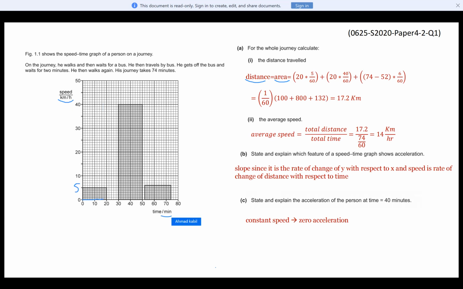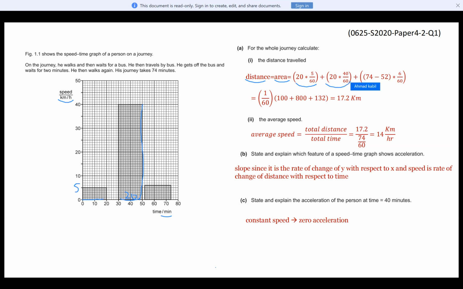So we have to divide by 60. So we have 20 times 5 over 60 for the first rectangle. For the second rectangle, the base is also 20 again. And the height is 40. So again, we have to multiply 20 by 40, but we have to divide the answer by 60.